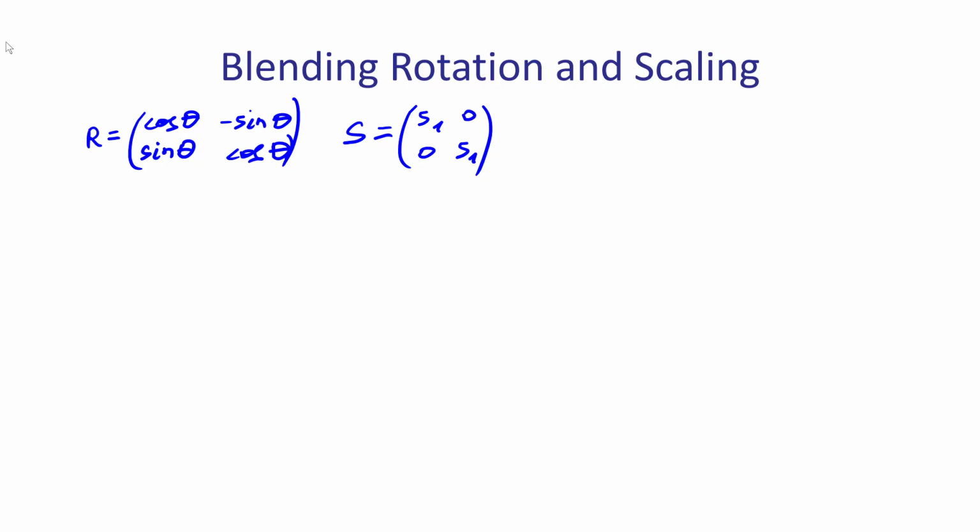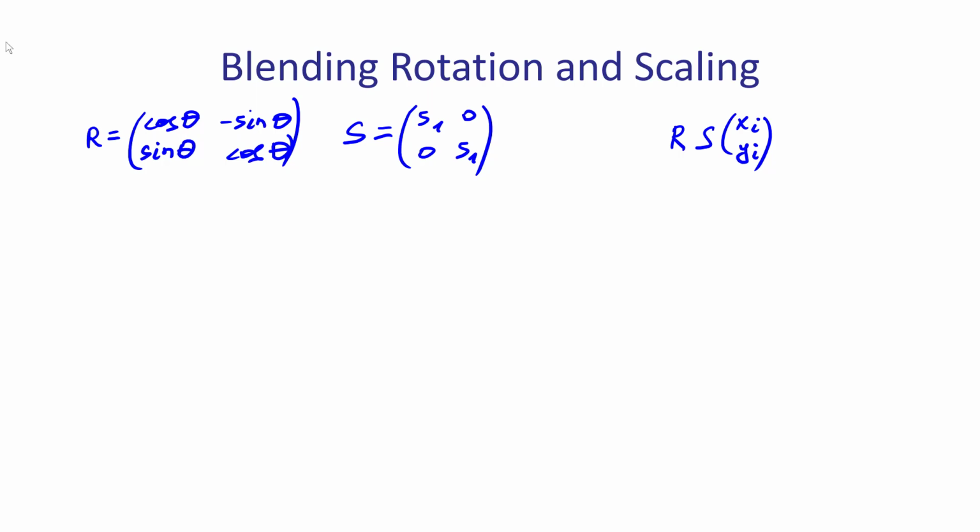So, for example, if you want first scaling and then rotation, and we want to apply it to the vector xi, yi, then we apply first scaling by multiplying by S, and then apply R to the vectors that we get from that.